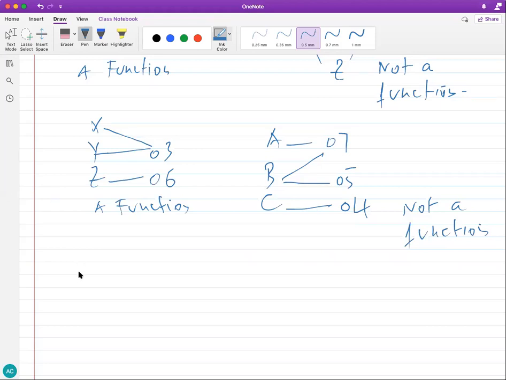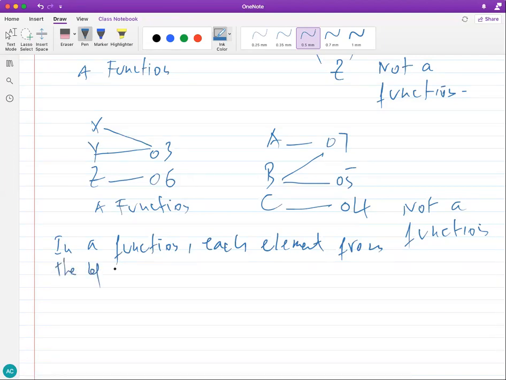In a function, for example, each element from the left side, the column, maps to exactly how many values from the right?